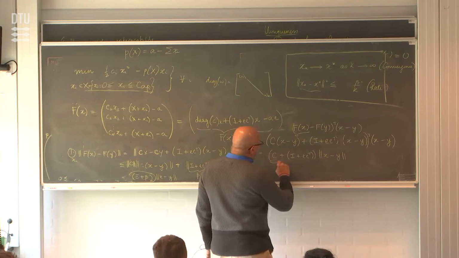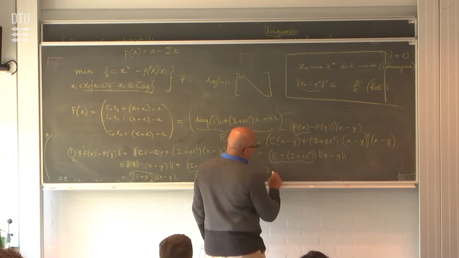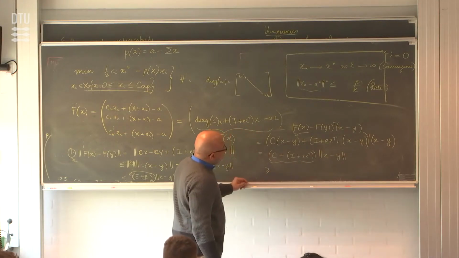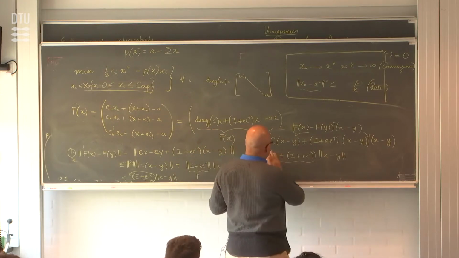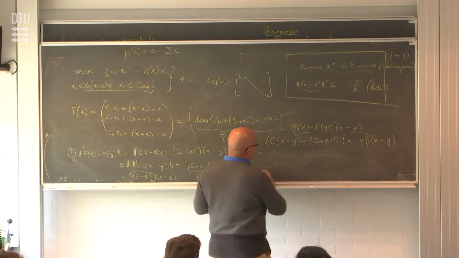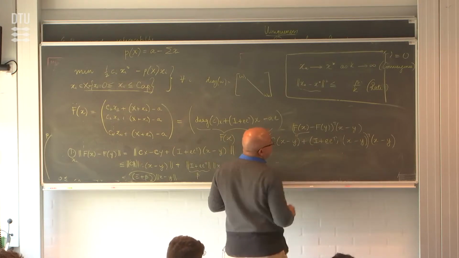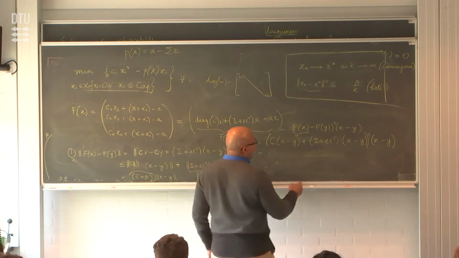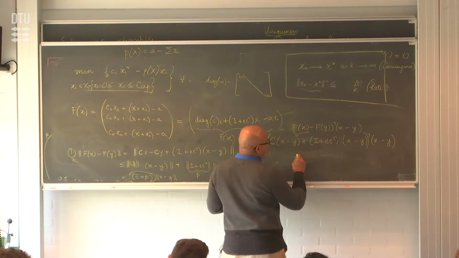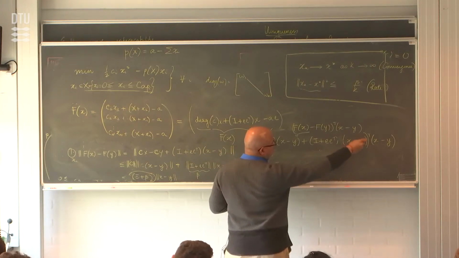Okay, and now you have to be careful here. Actually, I'm sorry. So now you've got this matrix, so remember what you have here. What you have here is this thing transpose.